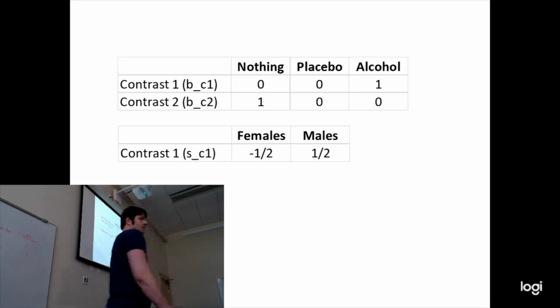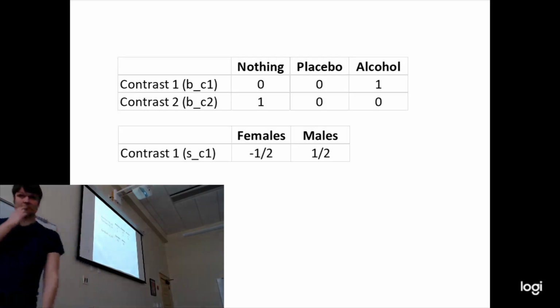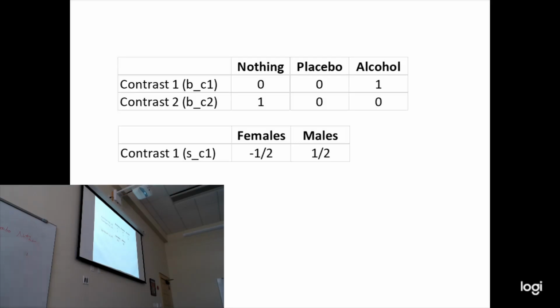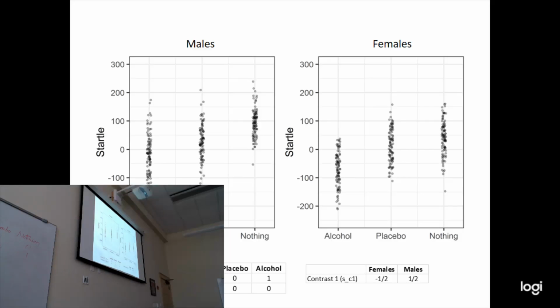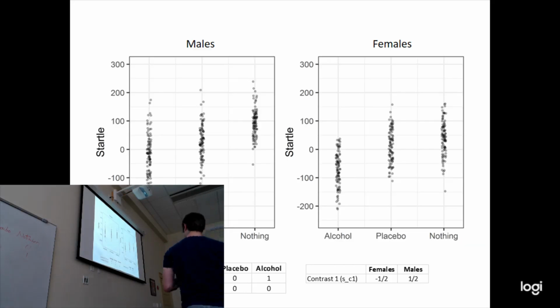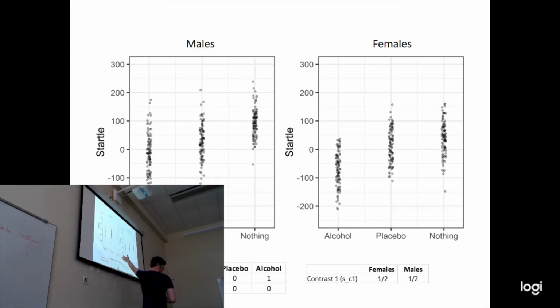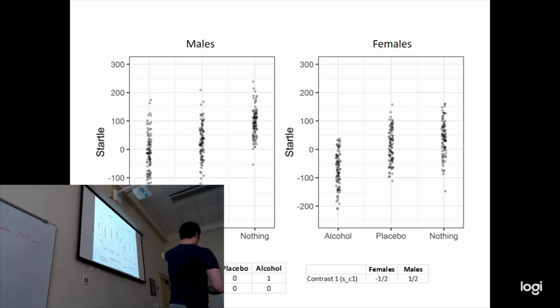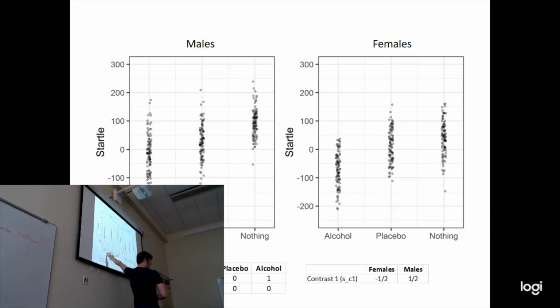Okay. So one way of understanding this new design is that I have six different groups. Three of them for males. So this represents, for example, the effects of alcohol on baseline startle for males.